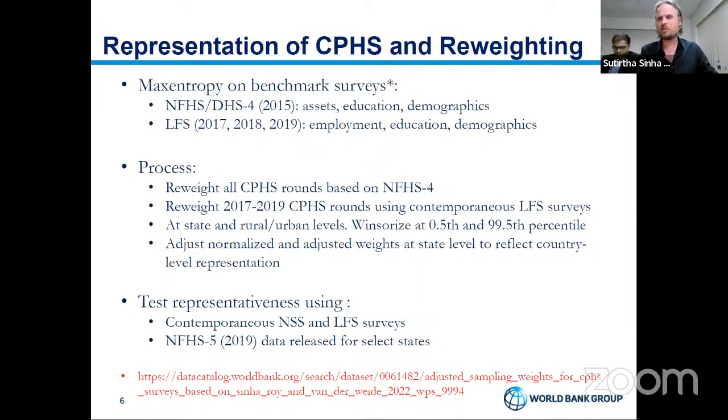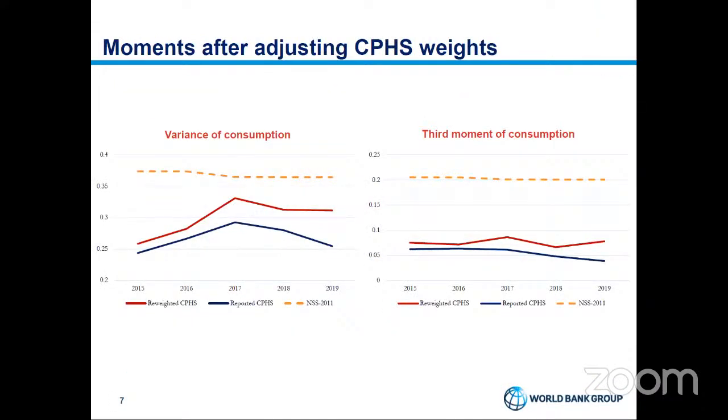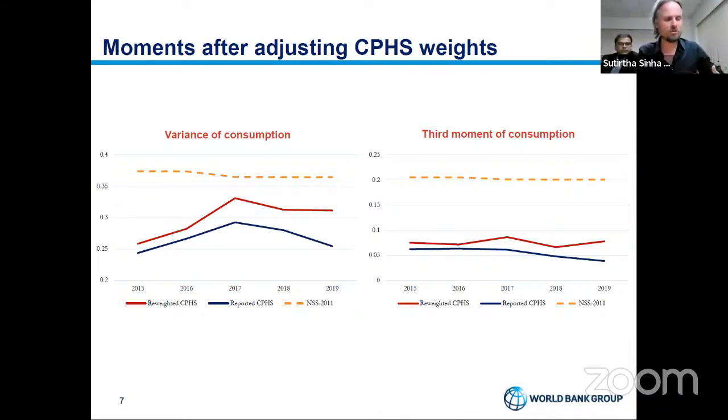And then after these adjustments have been made, we inspect the statistics for the variables that we deliberately held out to confirm that the adjusted weights establish representativeness for those variables as well. Up to this point, we haven't inspected the household consumption data collected by the CPHS survey yet. So we established representativeness by targeting demographics, education, employment, and so forth.